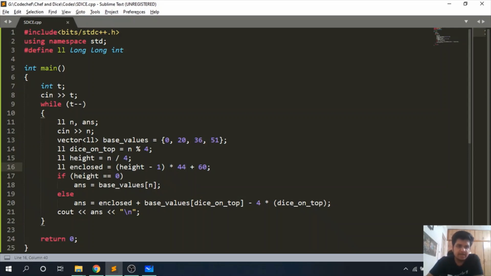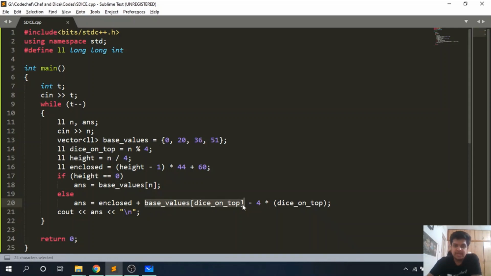Now having calculated these 3 values, I have a simple if else condition. If height is equal to 0, that is, we just have free dice, either 1, 2 or 3 dice, then the answer is equal to base values of n. Else, the answer will be equal to the enclosed levels plus base values of dice on top. This was calculated to show how many dice are on top.